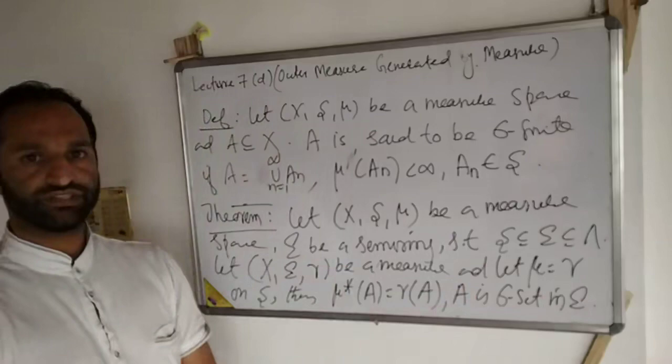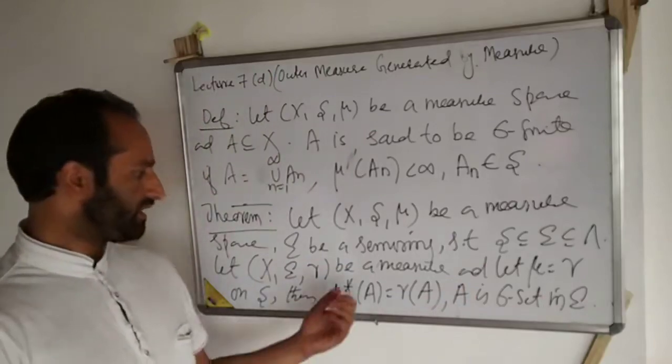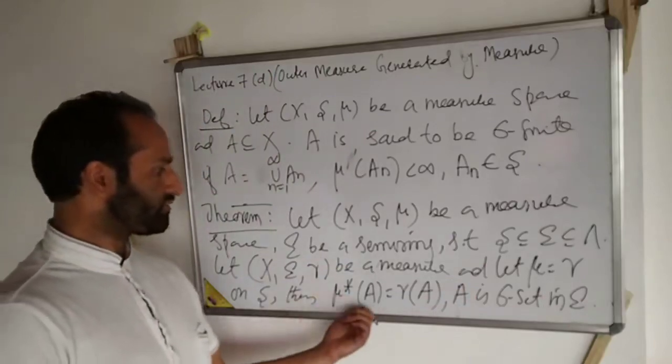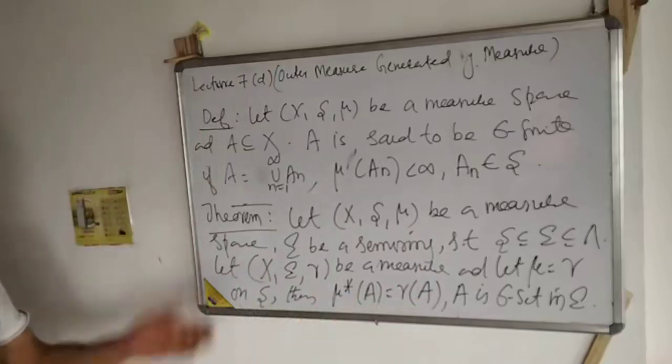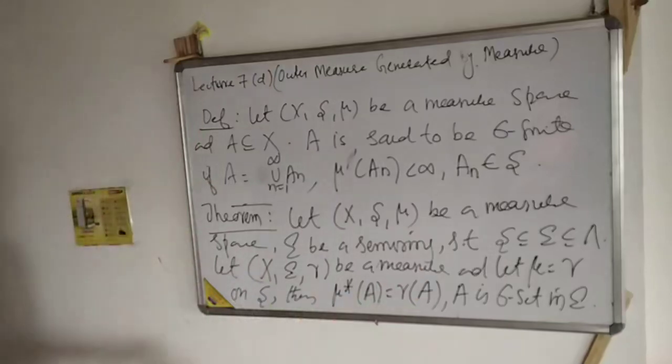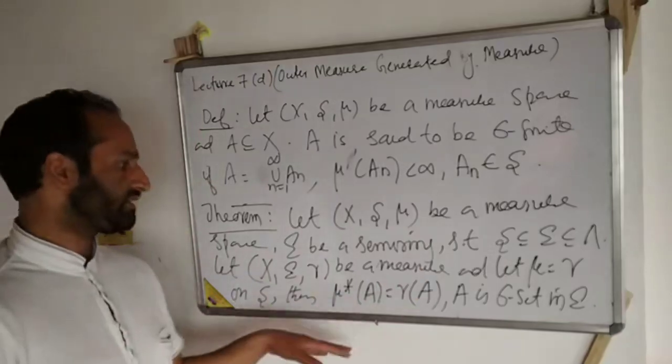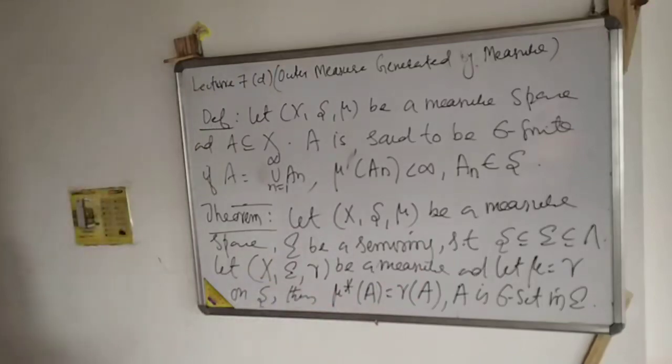That means A is a disjoint union of members of Sigma, and you have to show that mu star of that disjoint union is equal to nu of the disjoint union. So it easily follows from the previous theorem, because mu star of each A_n is equal to nu of A_n, and then you have to apply the additivity property. So you can easily prove this result.